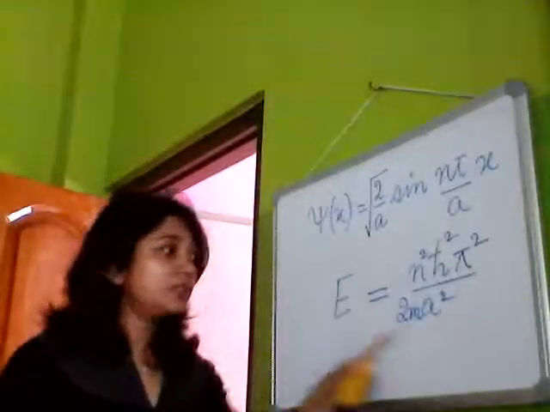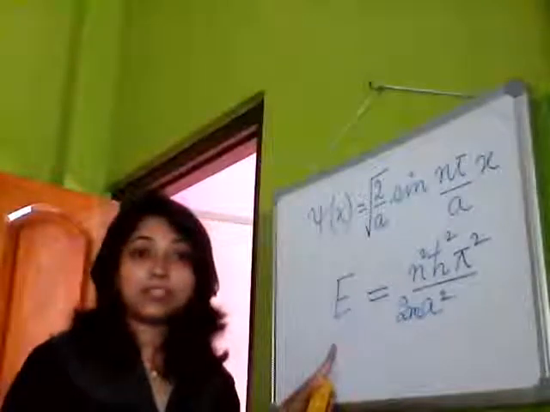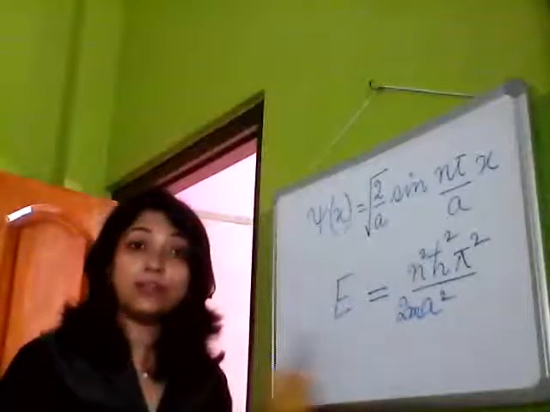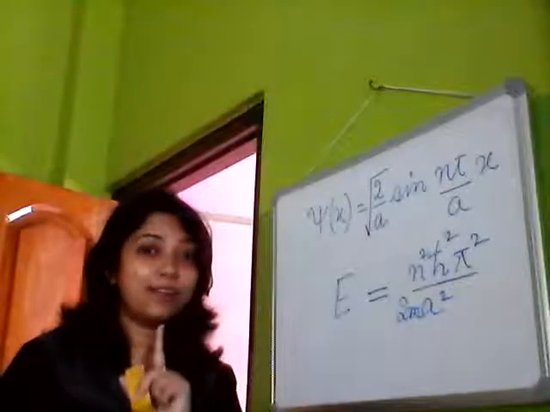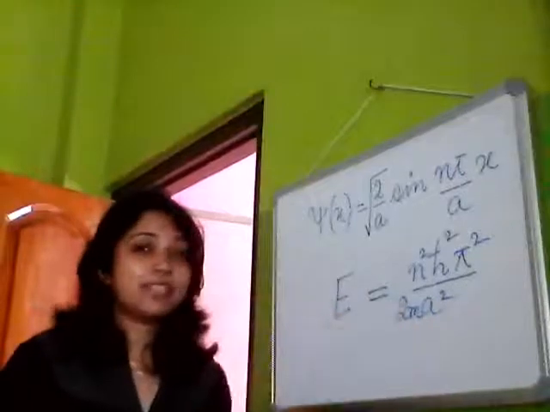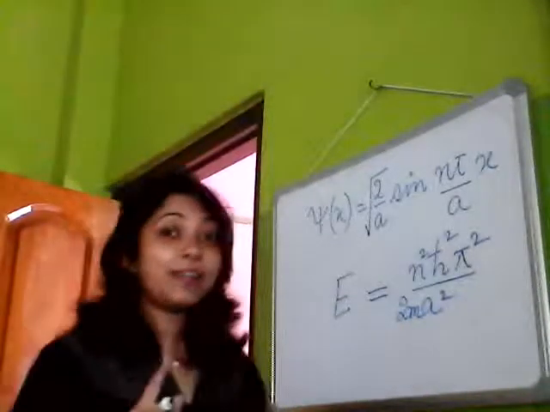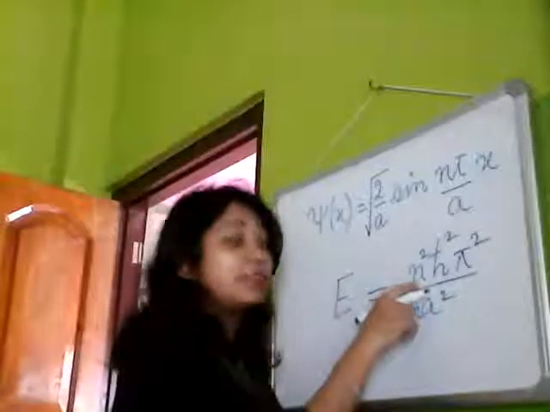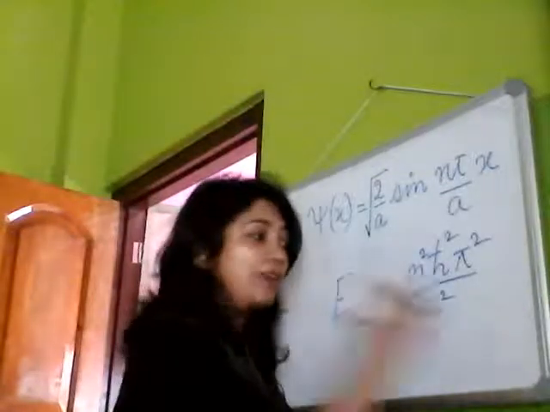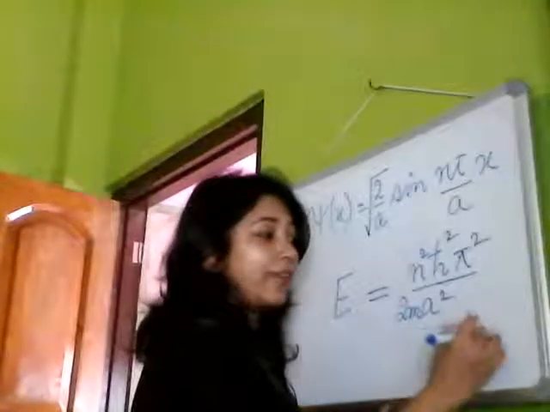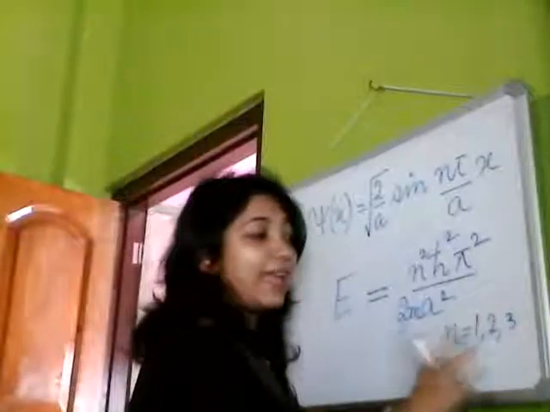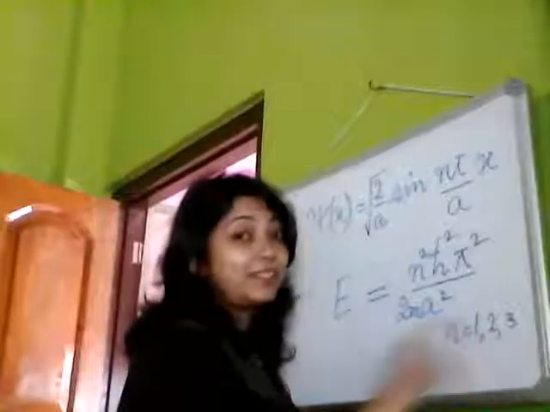So this is how the energy of the one-dimensional potential well's particle looks like. But hold on, look into the value of this energy. This is again depending on which number? It is depending on the number n. And what are the values of n possible? n is 1 or 2 or 3.